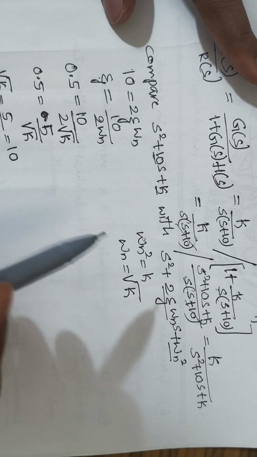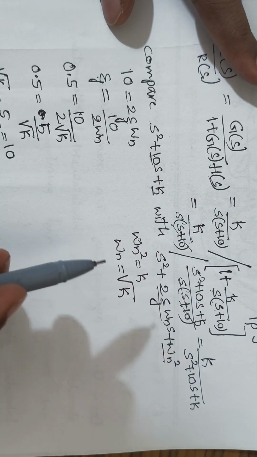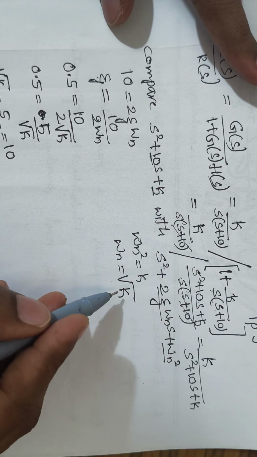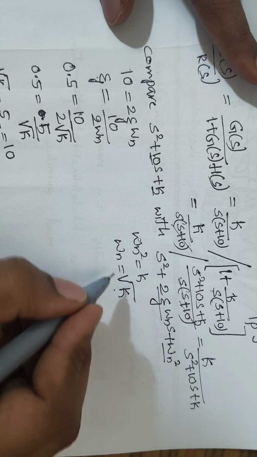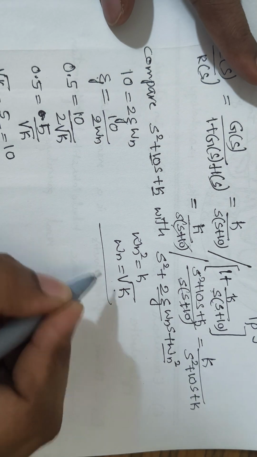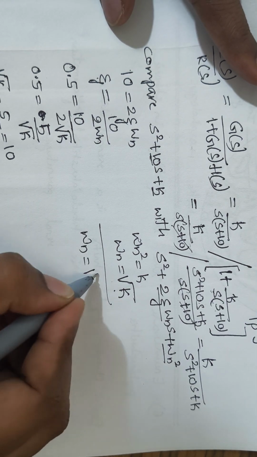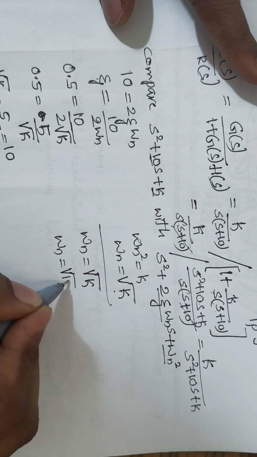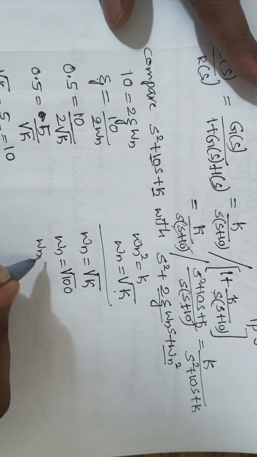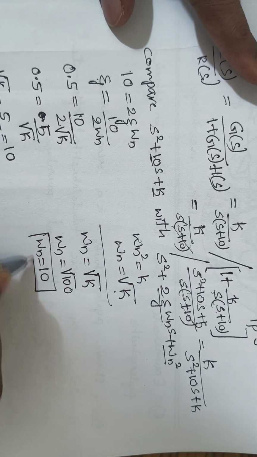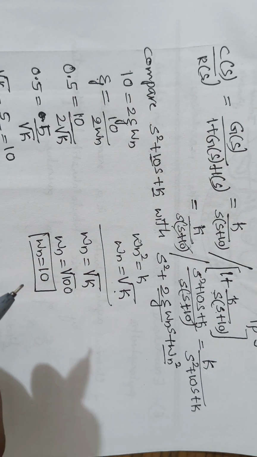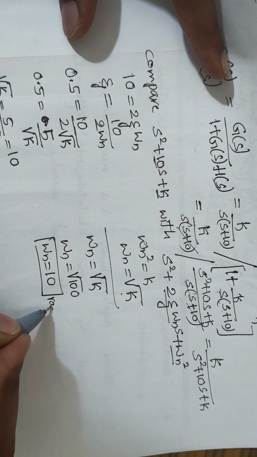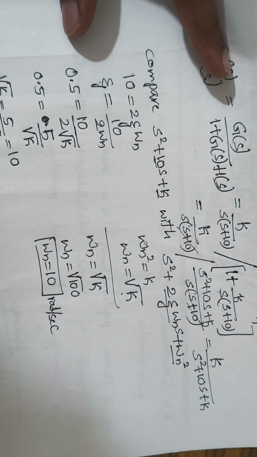If you substitute the value of K here, you will get omega n equal to square root of K. Therefore omega n is equal to square root of 100. So omega n is equal to 10. The unit for this is radian per second.